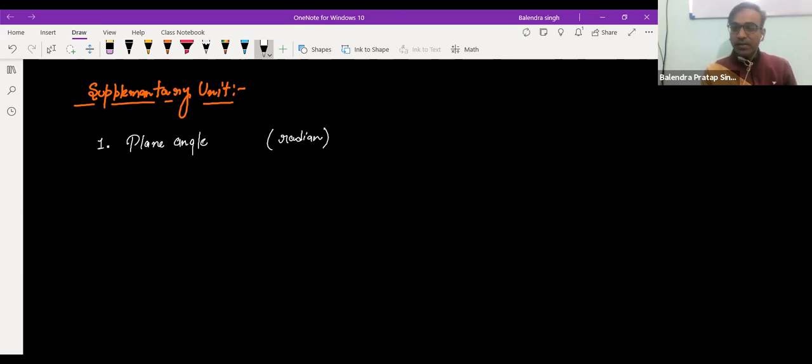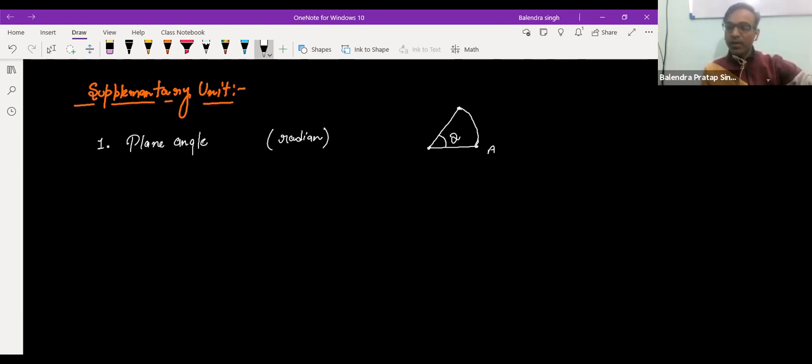Suppose you move from point A to B along an arc. If this is the center of this arc and it's making an angle theta.